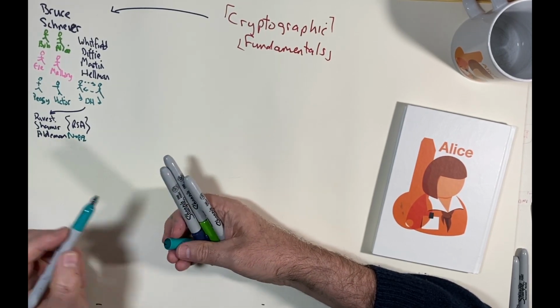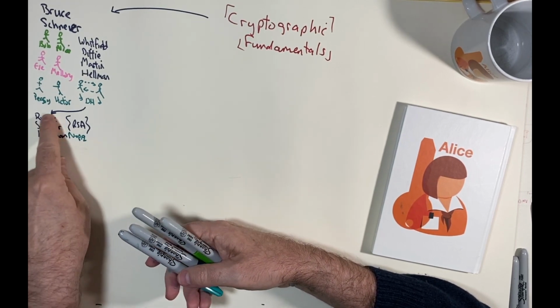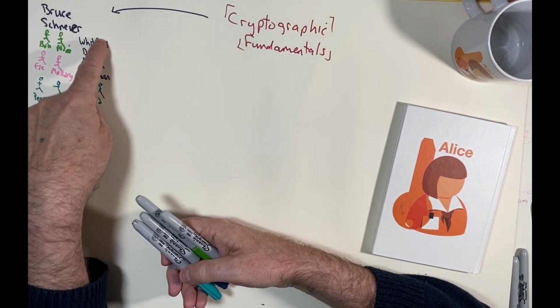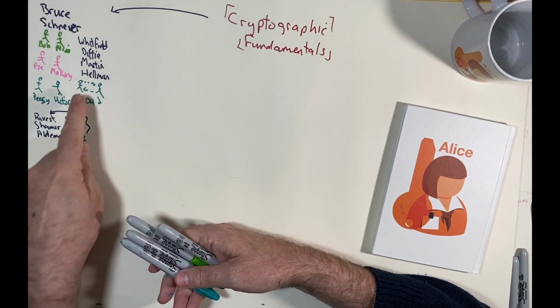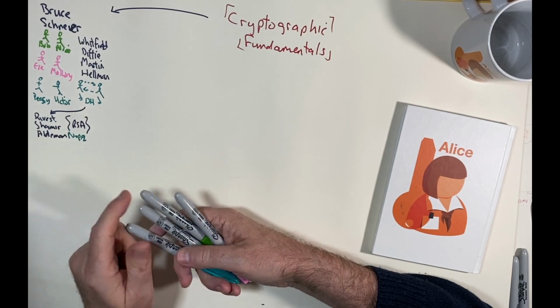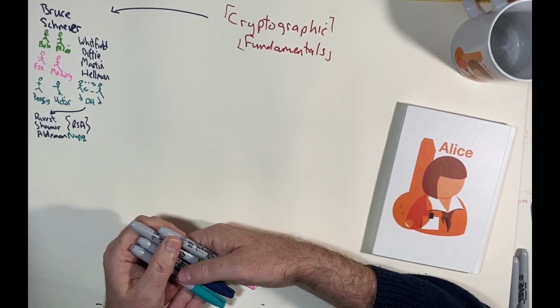So Rivest, Shamir, and Adleman were the first to come up with a public key method, which was proposed inside Whitfield Diffie and Martin Hellman's work, but they created the first known publicly available public key method.